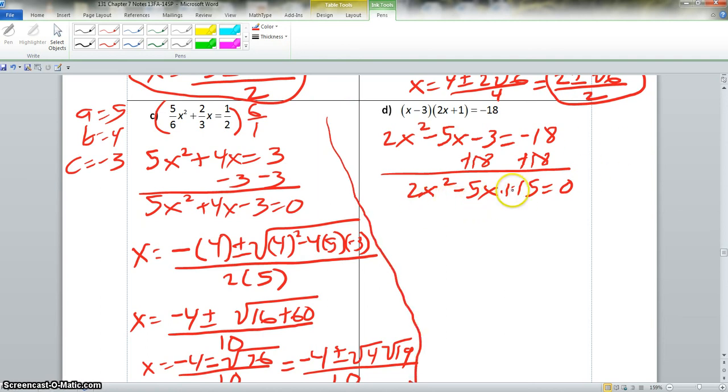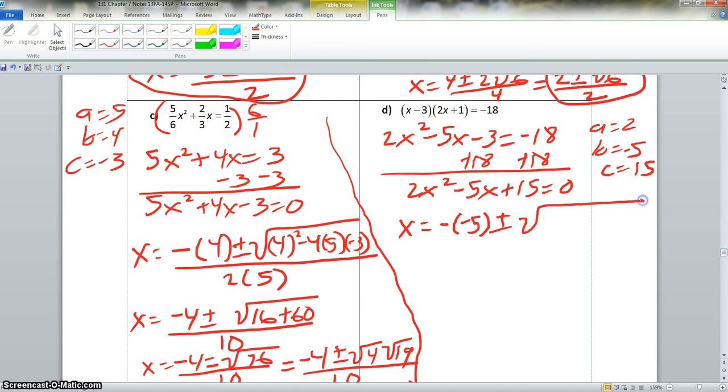Okay, so now we have our a, b, and c. Our a is 2, our b is negative 5, and our c is 15. So we will have x is equal to the opposite of negative 5 plus or minus the square root of negative 5 squared minus 4 times a is 2 and c is 15, all over 2 times a, which would be 2 times 2.